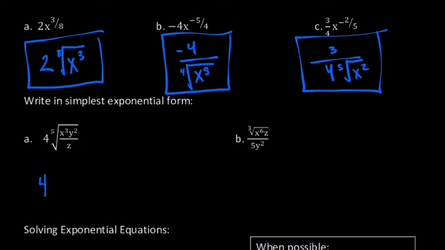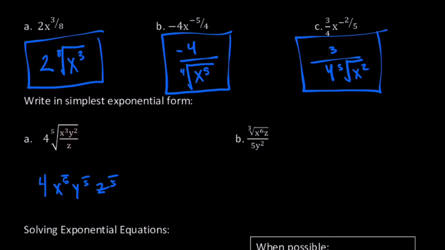I know I have 3 variables, so I'll just start by writing x, y, z. All 3 are underneath this radical. So that will be in the denominator of every exponent. So something over 5, something over 5, something over 5. And then these powers obviously would go in the numerator.